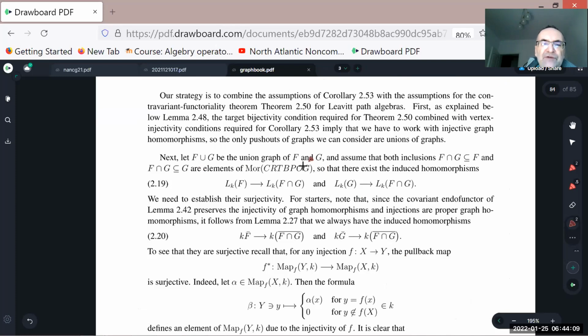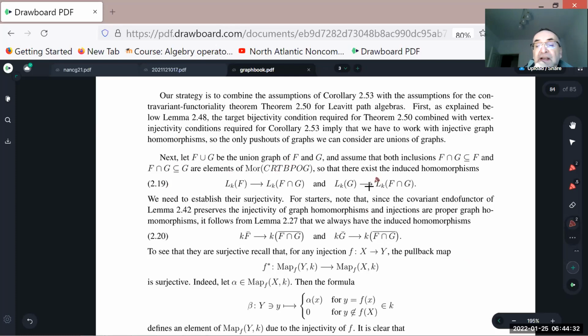Remember that the union of graphs does not always exist, right? The union exists if and only if the intersection exists, and the intersection exists if and only if, intersecting the sets of edges, you get a subset of edges on which the two target maps agree. That's necessary for the intersection to exist. And if the intersection exists, then the union exists.